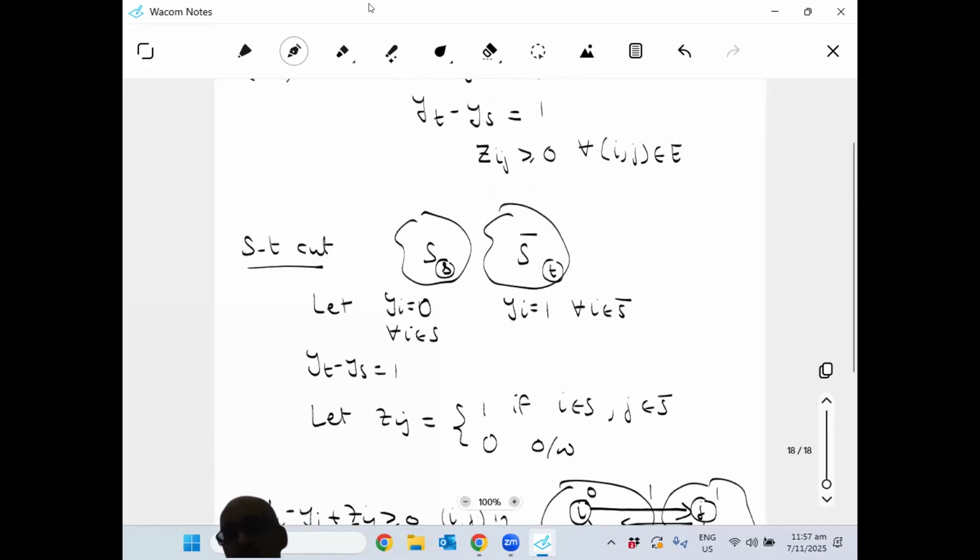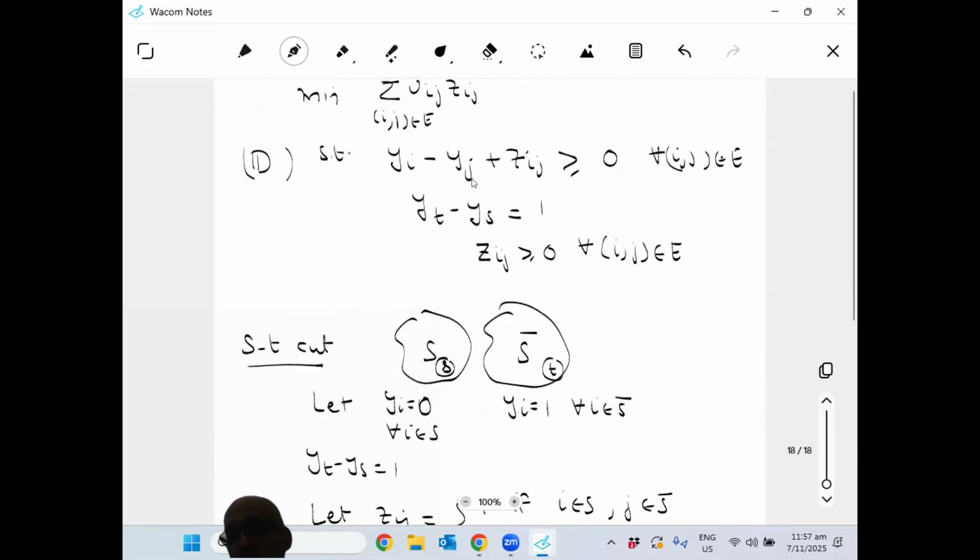Because every ST cut is feasible for this problem if I code it in this way, and the corresponding cut capacity comes up in my objective. I could take all the cuts, each of them gives me a dual feasible solution, and I could pick the smallest among them. That will be a solution to this problem. It may not be optimal, but it's a solution. So I know definitely the optimal value of this is below the minimum ST cut value. The point is, in fact, they are equal.